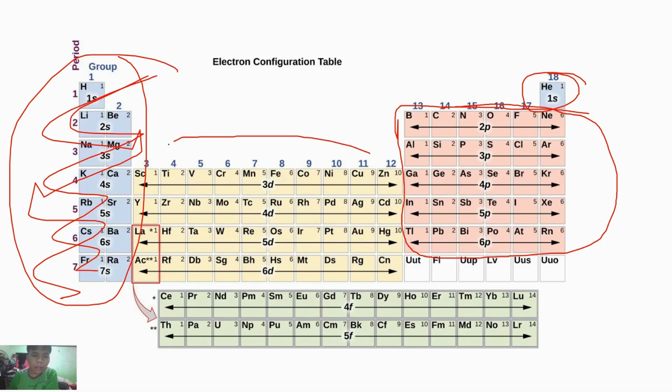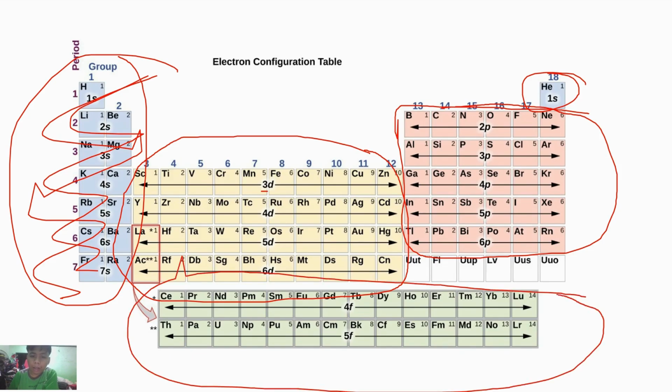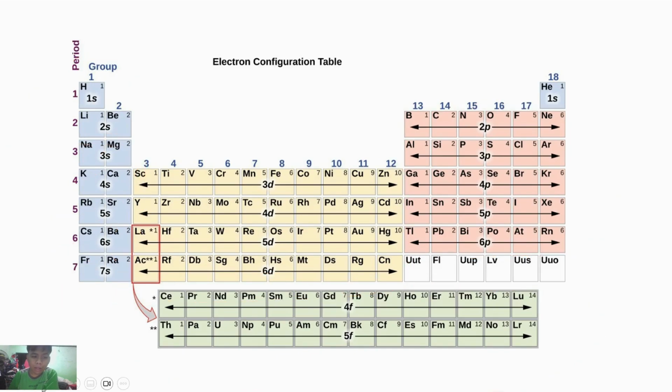Your transition metals, always remember, are in the d orbital and start at 3. And your radioactive atoms are in the f orbital, so these are the f block. That's the way to visualize your electron configuration chart.